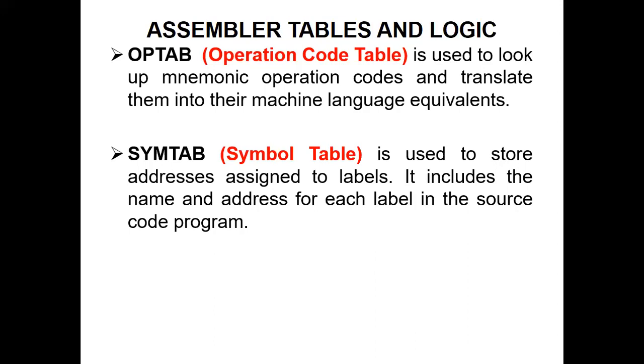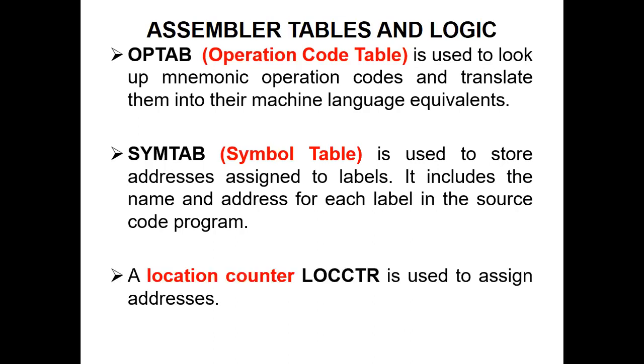Now every label is put into a table. So we have a symbol table which has got the name of the symbol and then the address of that symbol. It is used to store addresses which are assigned to labels. Then we have a counter. This one is not a table, but it is a counter.